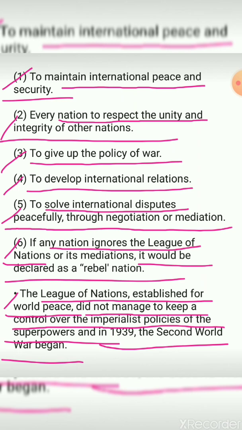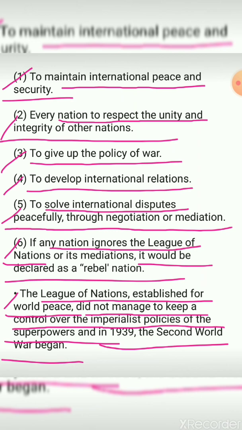The imperialistic policies of the superpowers, like I need to become the most powerful nation of the world, that type of thought was being seen. These nations do not want peace, they need power. Because of this policy, in 1939, the League of Nations failed to maintain peace and the Second World War began.